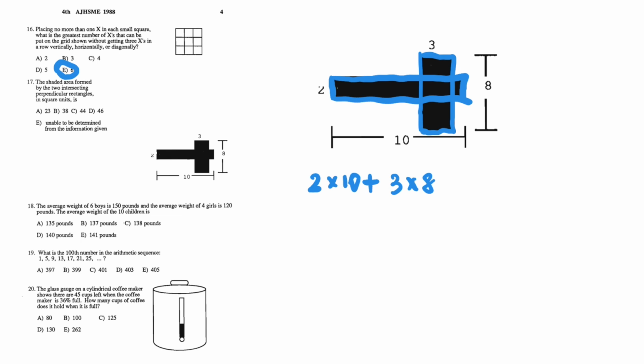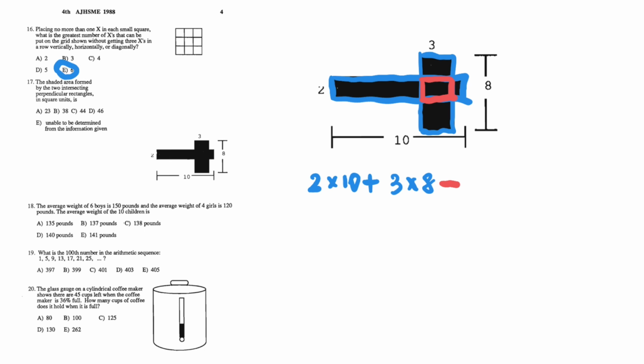But in the middle, we are over counting this part. That's the overlapping part, so we count it twice. So we need to subtract this one.